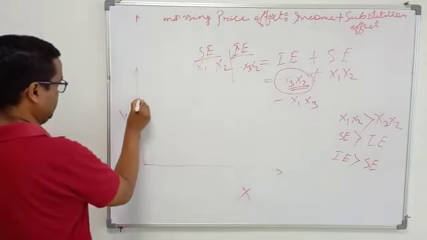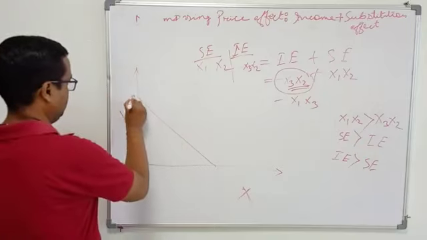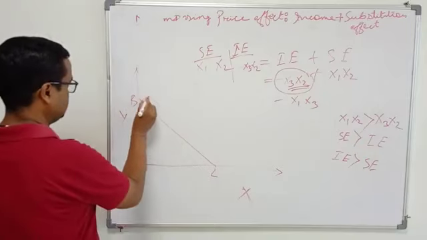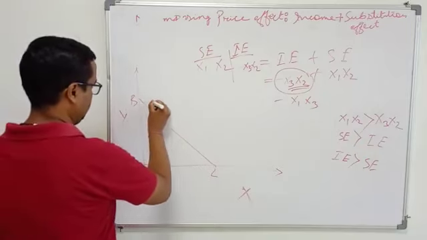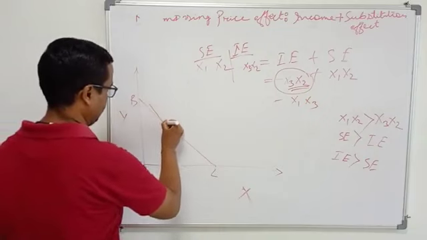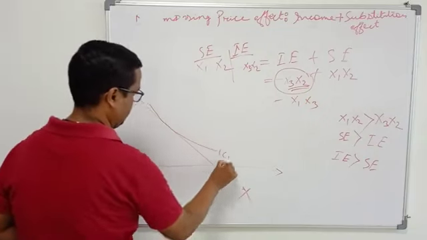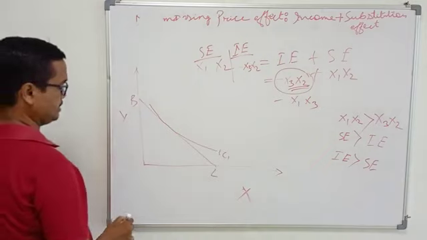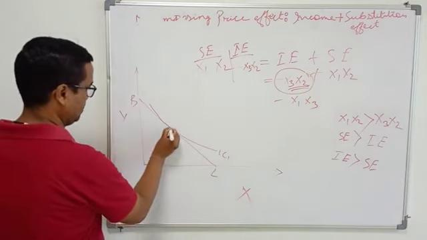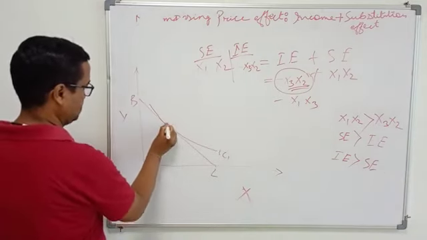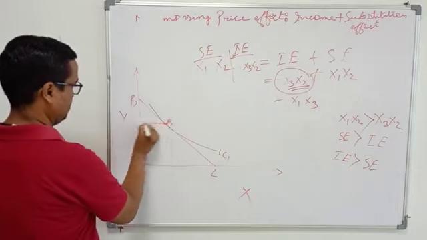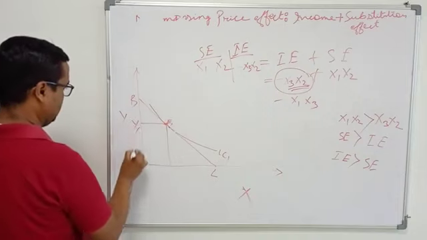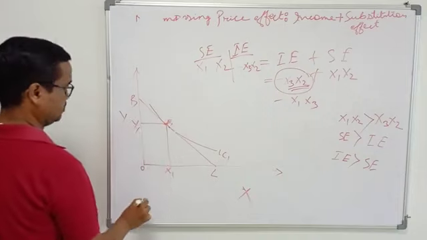Our original budget line is BL, and the consumer is in equilibrium on indifference curve IC1. This is the equilibrium point. The consumer is purchasing OY1 of Y good and OX1 of X good.